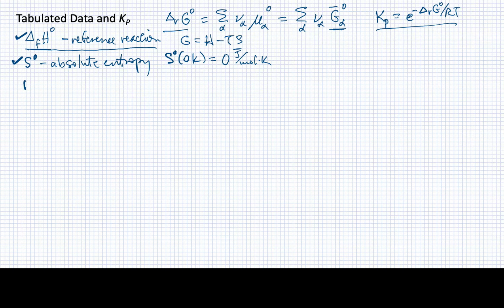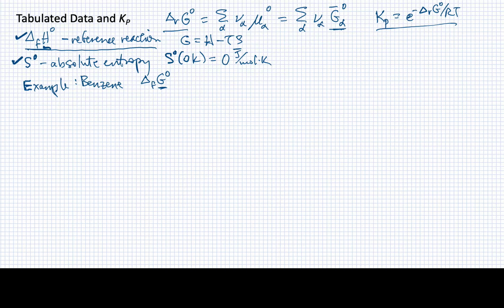The example I'm going to use is benzene. We're going to define something called the Gibbs energy of formation for benzene, which is the Gibbs energy equivalent to the heat of formation that we had for enthalpy.